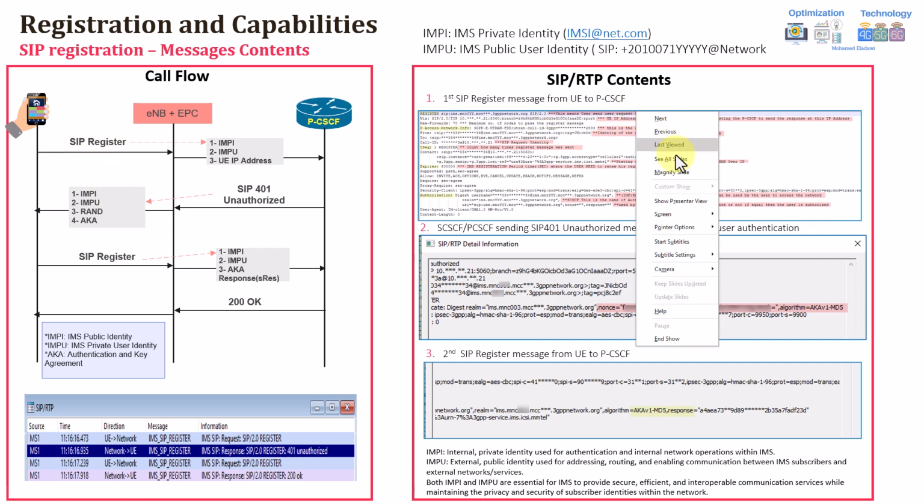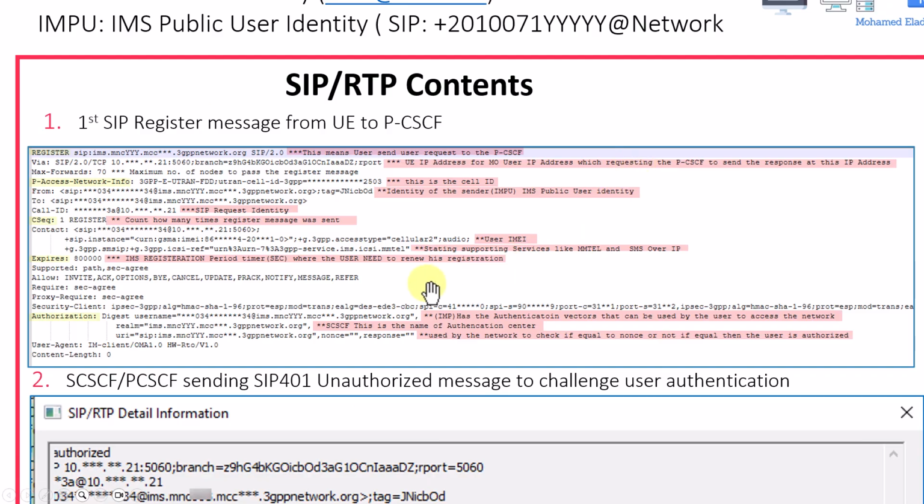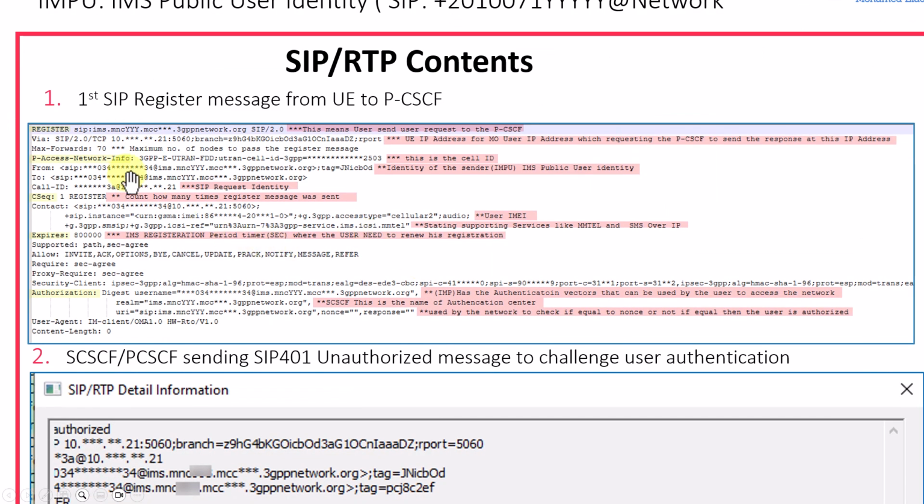Let's zoom in here. If you zoom into this part, you will find that the first SIP register message means this user is telling them that I'm trying to register, so it's sending this request to the P-CSCF. As you can see, it includes a lot of information.